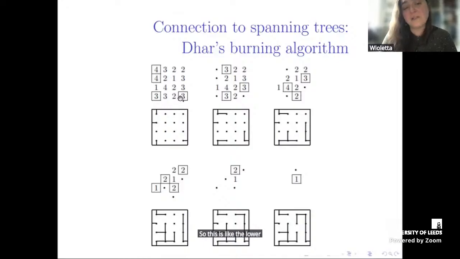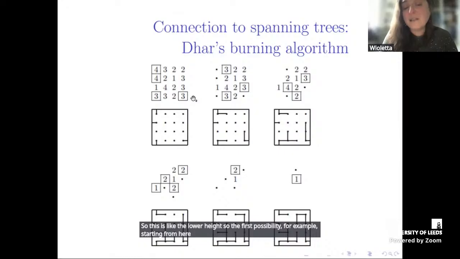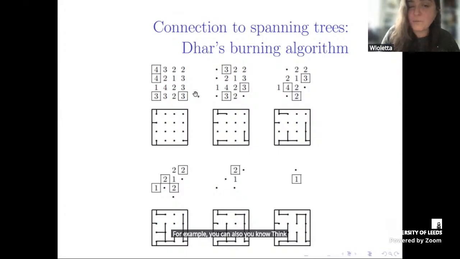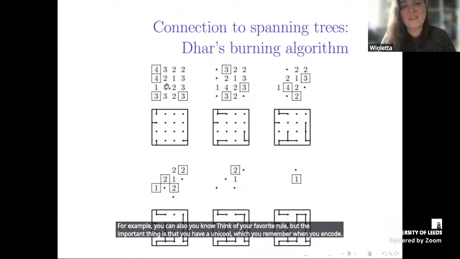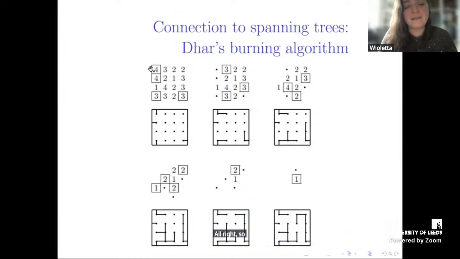So the first possibility, for example, starting from here, is to connect this to the east. Here, the first possibility is to the south. Here, I don't have a choice. And here, I have to take the second possibility because this is higher than this. You can also think of your favorite rule, but the important thing is that you have a unique rule, which you remember when you encode that. All right, so I have connected the 4 vertices in the first burning time.